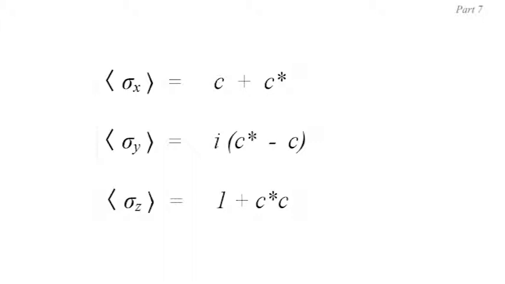Now what we've been saying is that for the electron to have a definite spin direction in real space, all three of these equations cannot be 0 at the same time, whether they're normalized or not.